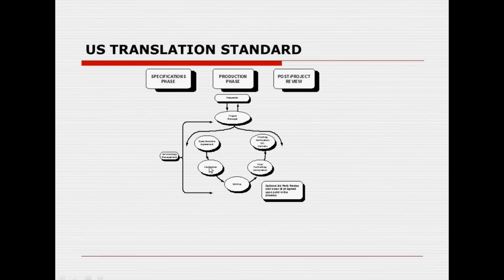Number two, who is the project manager, who is the translator? Is the translator a specialist in a particular domain or not? Once all these things have been defined by the project manager, the project is awarded to the translator. Once the translation is done, it is reviewed by a reviser. When I say reviewed, it means a translation done by one person must be reviewed by a second person.